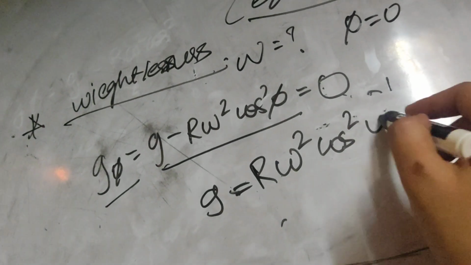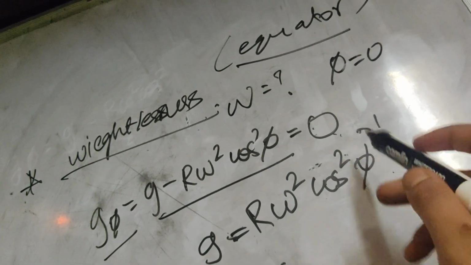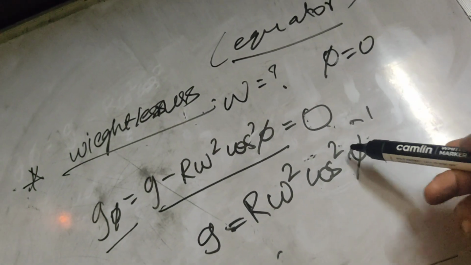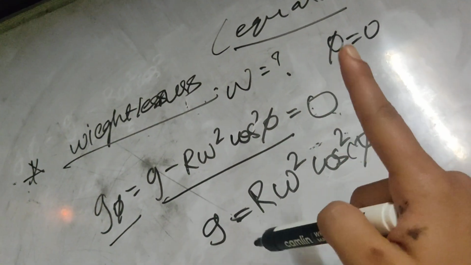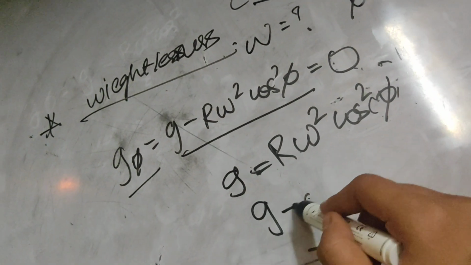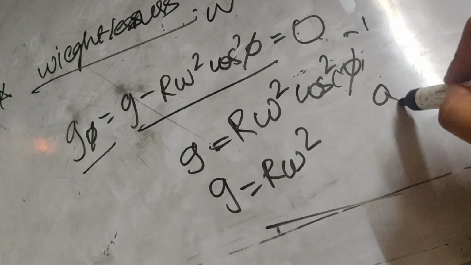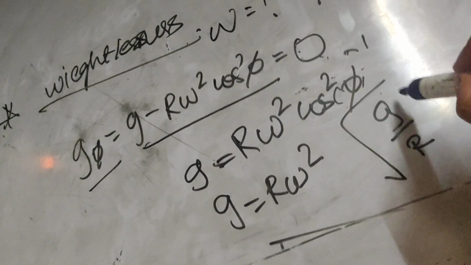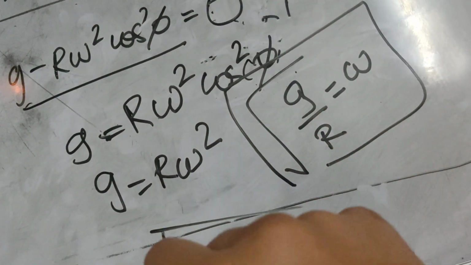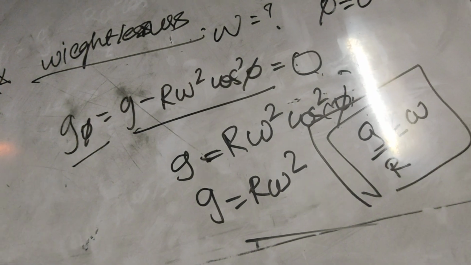As it is said that it was on the equator, if you put phi as 0, cos square 0 will turn out as 1, right? Cos 0 is 1. So g is equal to R omega square. So under root of g by R is equal to omega. So this will be your omega value. Questions like these may be asked in your objective.